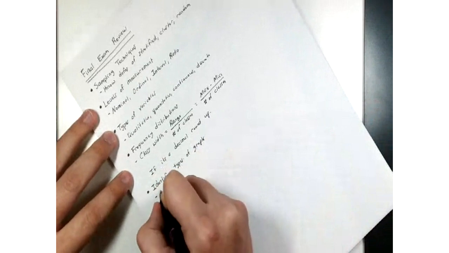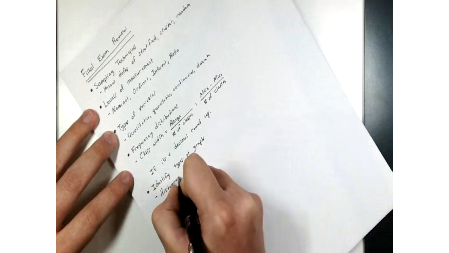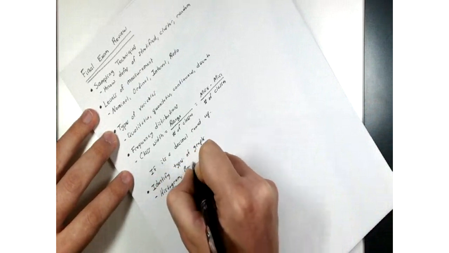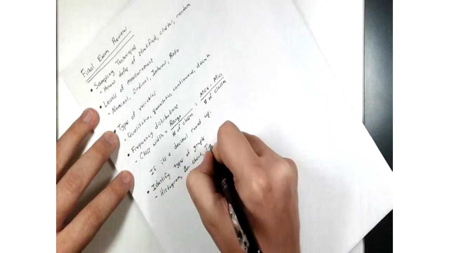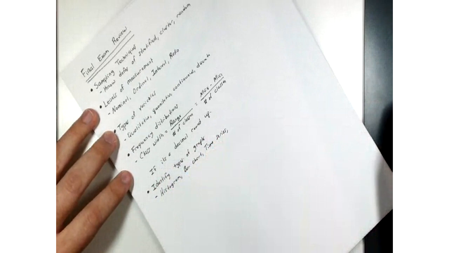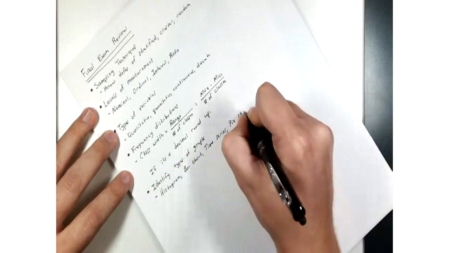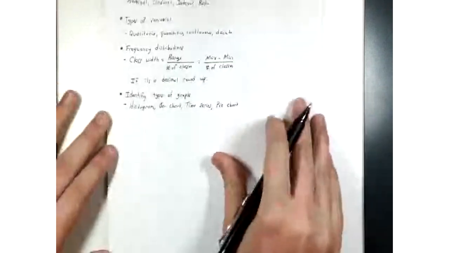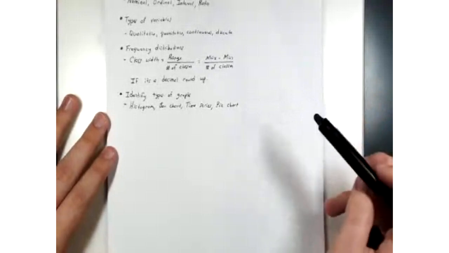So, yes, histogram. Bar chart or bar graph, however you want to call it. Time series. And pie graph, or pie chart, I'll say pie chart. Know how to identify those. There is something called a Pareto and an ogive, but I really don't like those, so we're not going to do that. We'll make it a little bit easier.